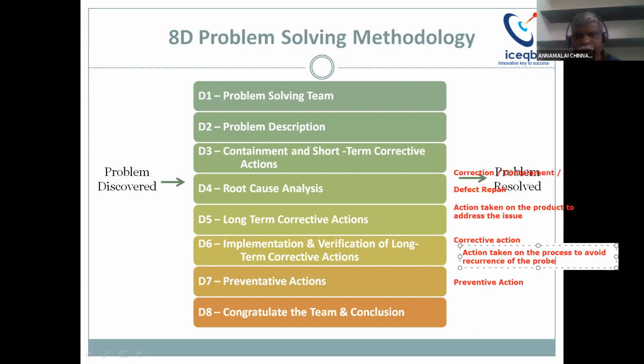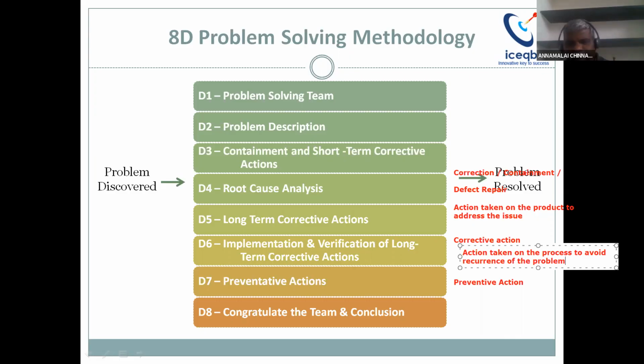So you are finding that the dimension is more. Immediately the correction or containment action you have taken is sorting out whatever is above the specification and doing the rework on that. That is a correction. Any action taken on the product to correct it so that it can be made usable. That is a correction.